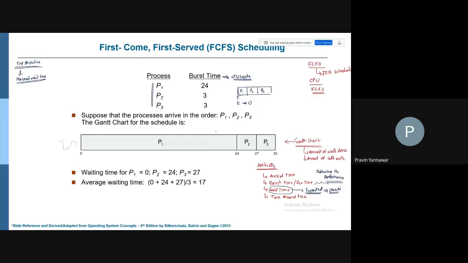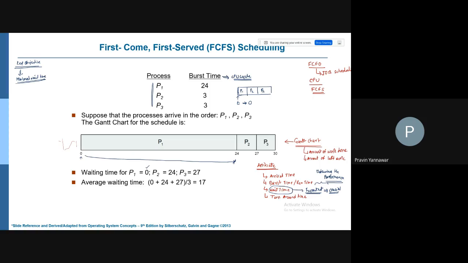But P1 will take a whole 24 cycles for execution. Though P2 and P3 require fewer cycles, they are executed once P1 finishes its work. So for P1 the waiting time is 0.